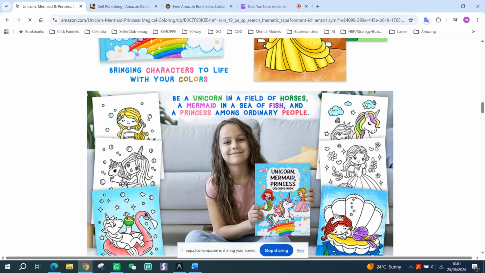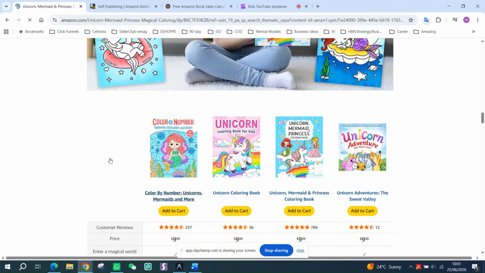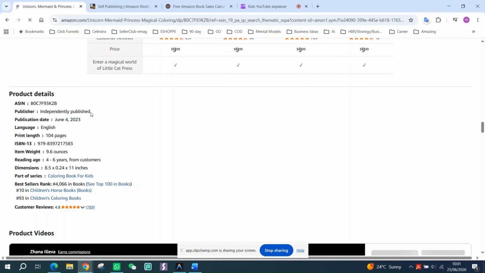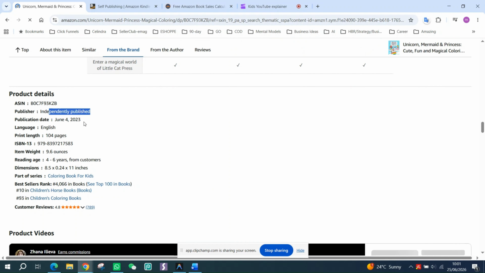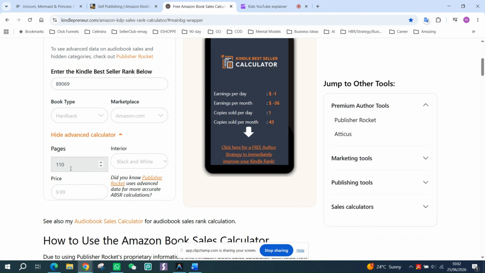As you see, this is the A+ content, very nice, very tempting for little girls or for their parents to buy it for their kids. It's independently published, as we believe, published in June 2023. It has 104 pages. Price is $9.99. It was paperback, and it is black and white.